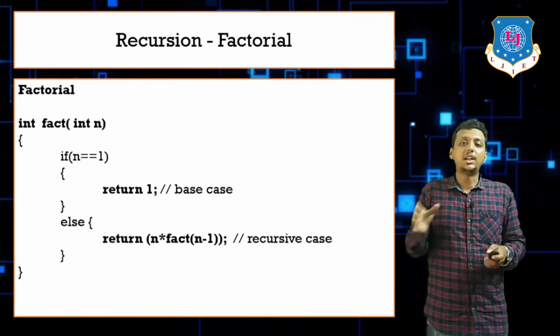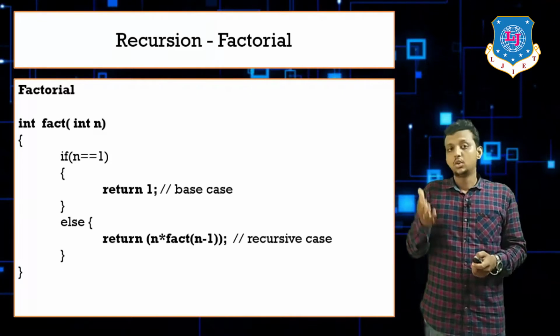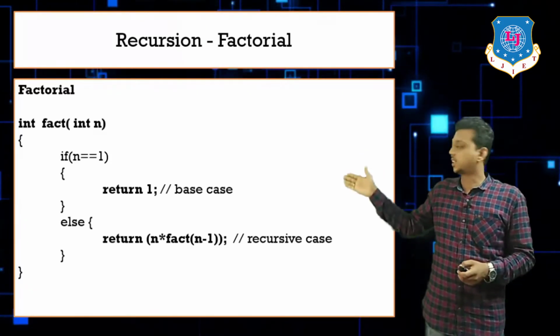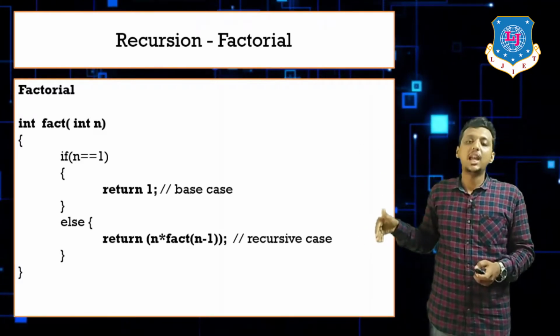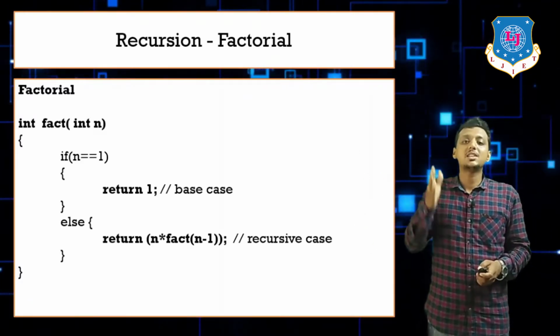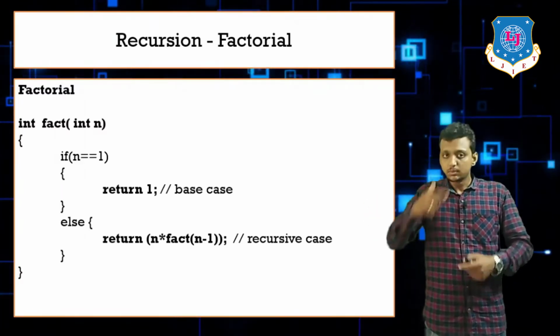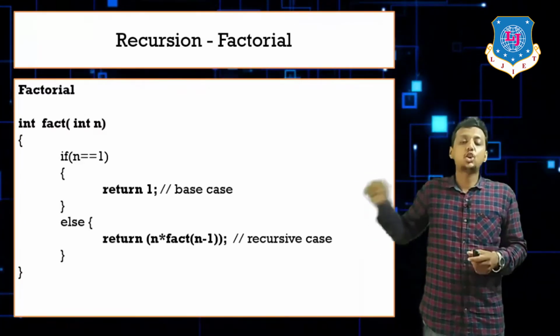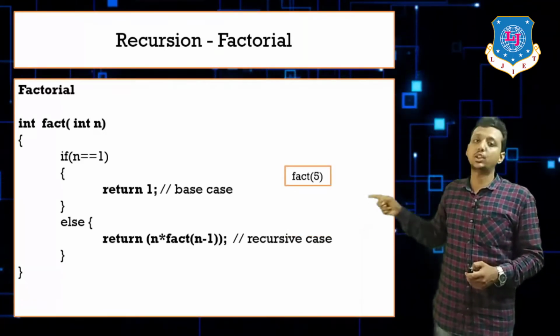So if you want to find the factorial of 5, it will go inside fact of 5, check the condition. 5 is not equal to 1, so it goes into the else part. So it returns 5 into fact of 4. Again, fact of 4 calls itself.